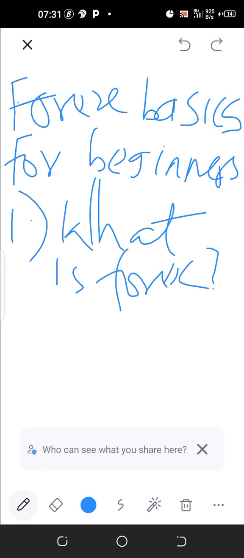So after you now know what forex is all about, let's talk about what leverage is. Because some people will ask, what is the bid price and what is the ask price?